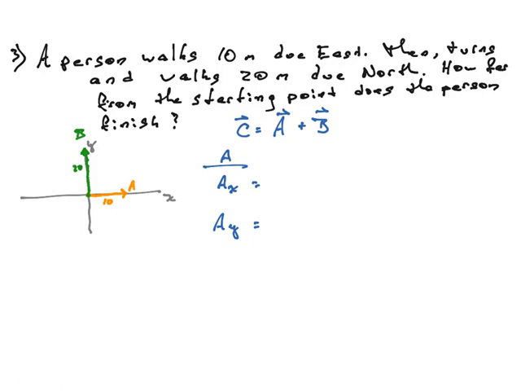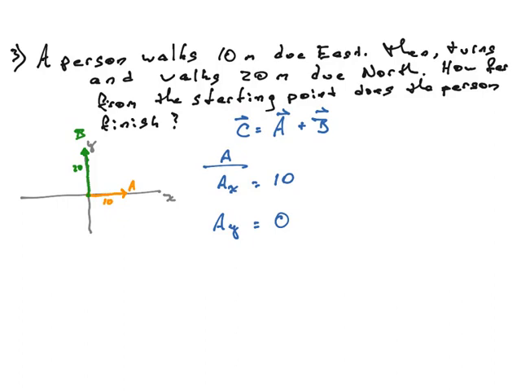There's no amount of A which points up and down. So that tells me the x component of vector A is 10, all of it, and none of it, 0, is in the y direction. So in this case, I did not have to use sines and cosines to figure this out because it was already on one of the axes. And when it's on one of the axes, you already know how much is in that direction.